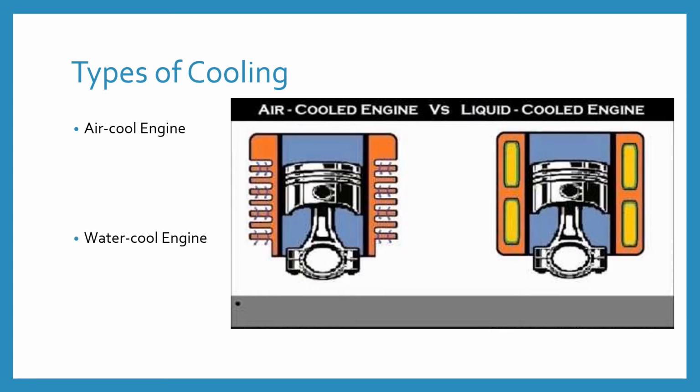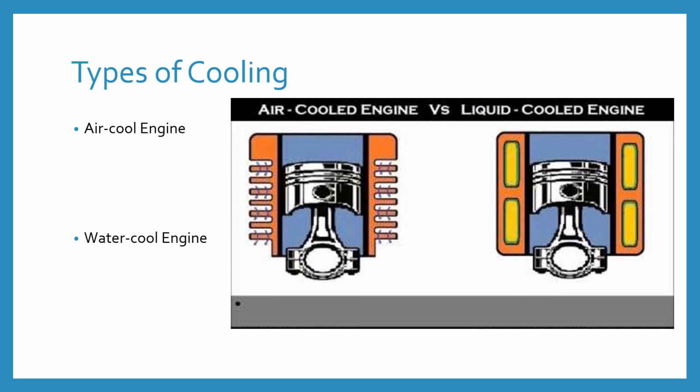Next is the types of cooling. Cooling is very essential for the satisfactory running of the engine. There are two types of cooling system used in the engine: one is the air cooled engine, another is the water cooled engine. When the engine is run and combustion occurs inside the engine, heat is generated.